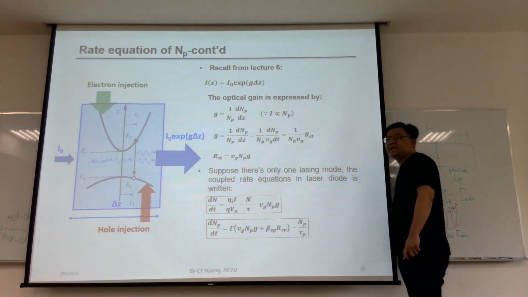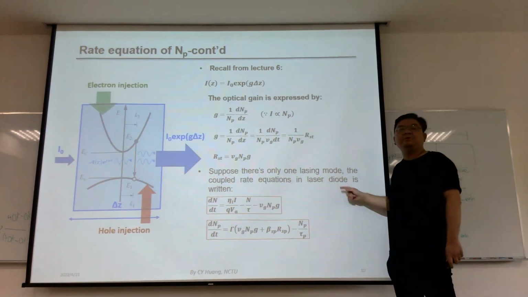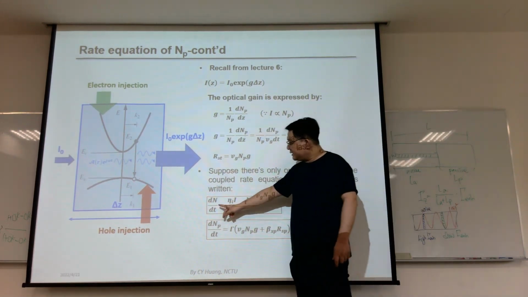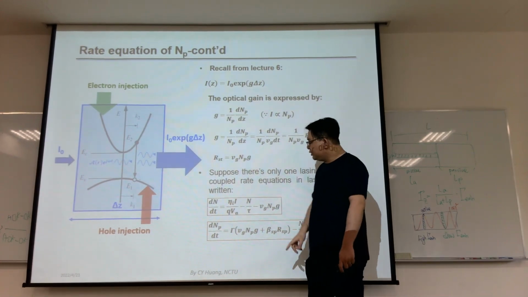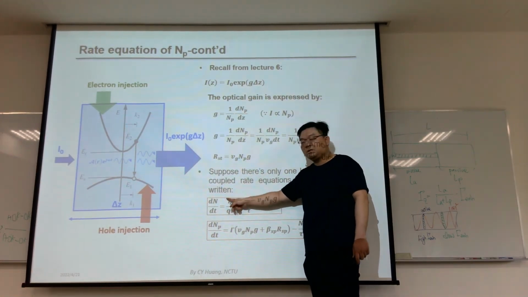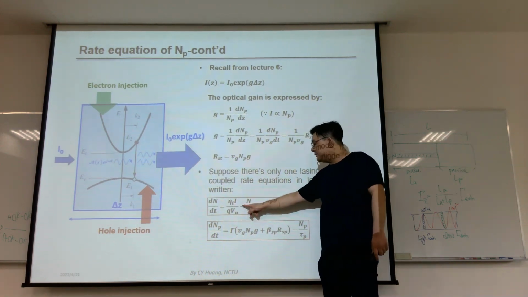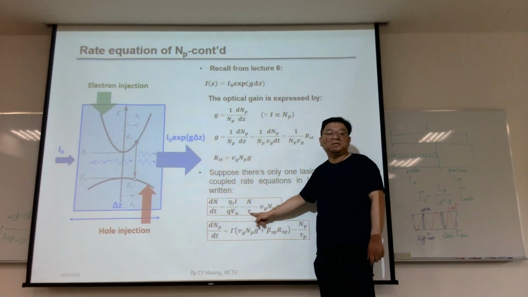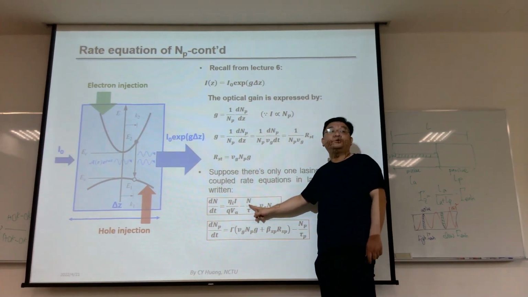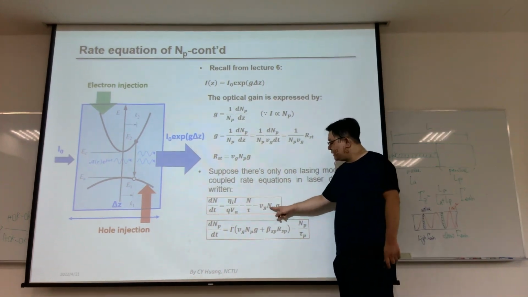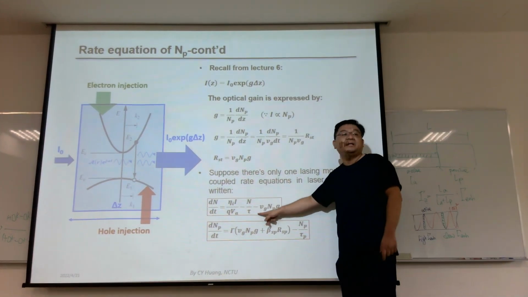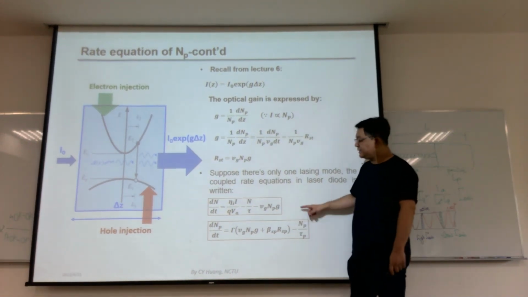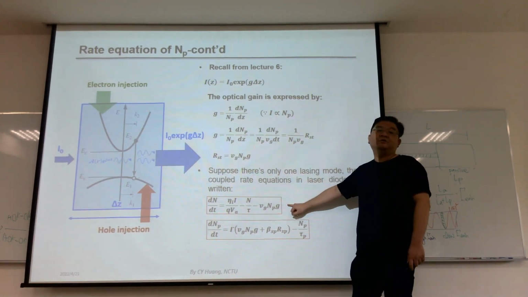Then we can plug it in to get the coupled rate equations for a laser diode. The first one is the carrier equation: dN over dt should be the carrier injection minus recombination besides stimulated emission, because this term is irrelevant to G. Minus Vg NP G, this is the stimulated emission, which is relevant to G. Okay, so this is the rate equation of the electron.